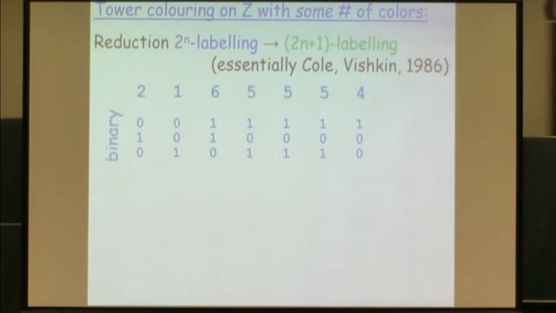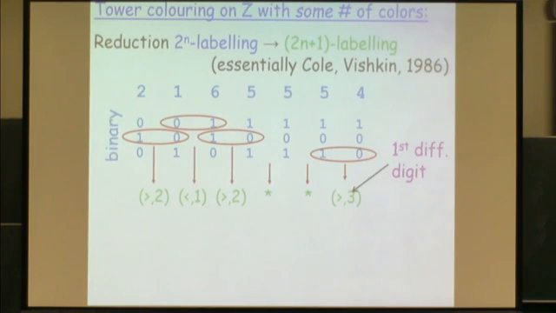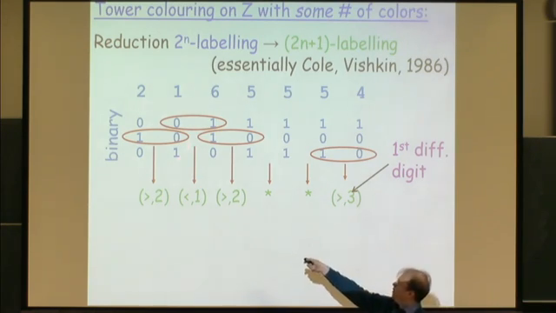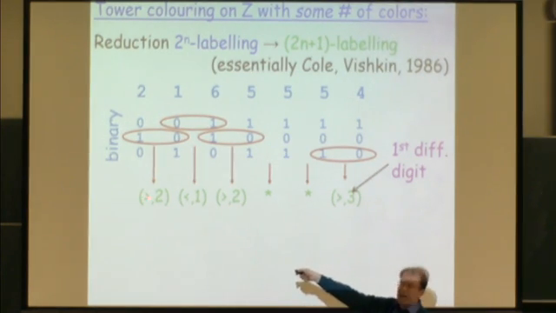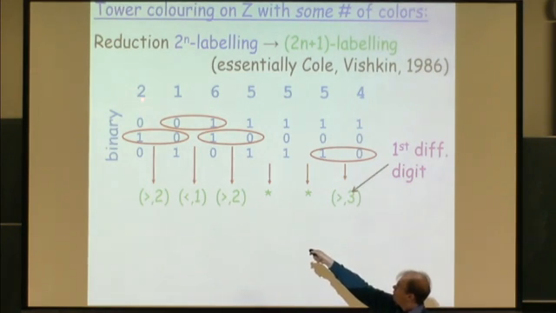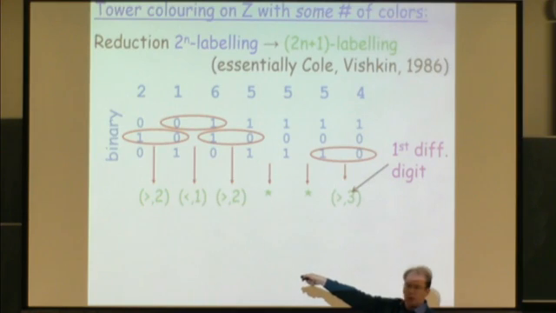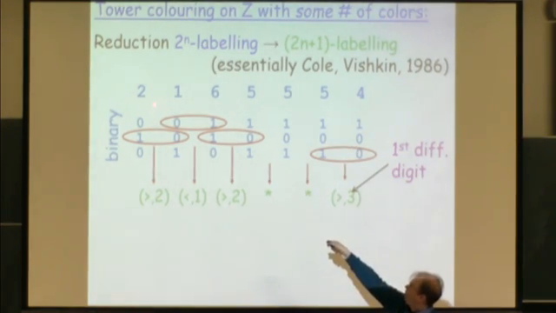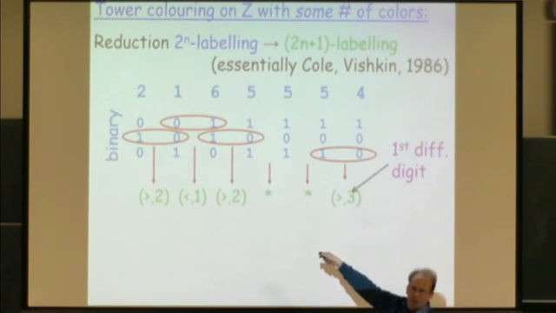So here is a labelling of Z with numbers between 0 and 7. Write them in binary and then do the following thing. Look at a consecutive pair of them, and if they are different, then write down which way round the inequality goes. So here 2 is bigger than 1, so write greater. And if they're different, write down the first bit where they differ.